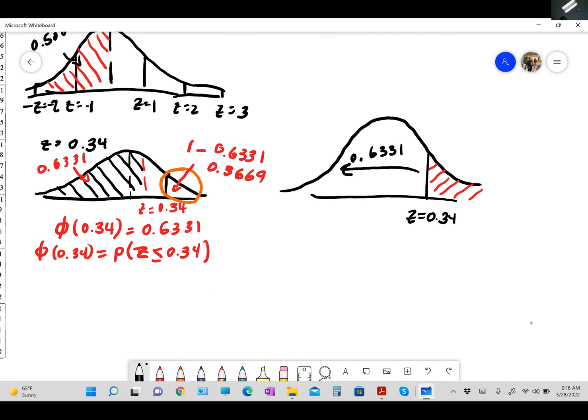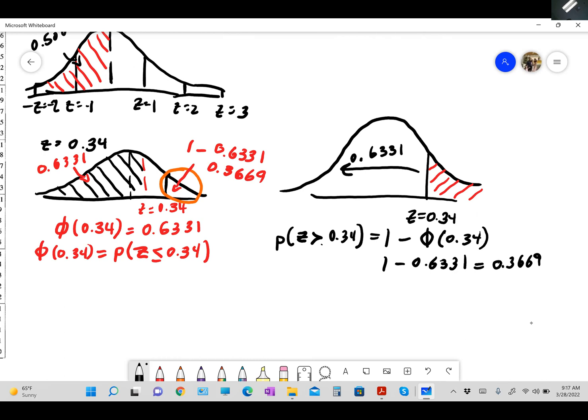So the probability that Z would be greater than 0.34 must be equal to 1 minus the phi of 0.34, or 1 minus 0.6331, which is 0.3669. Does that make sense? Is that super difficult?